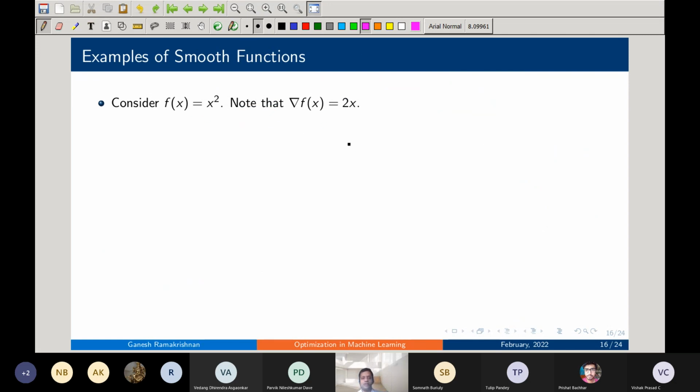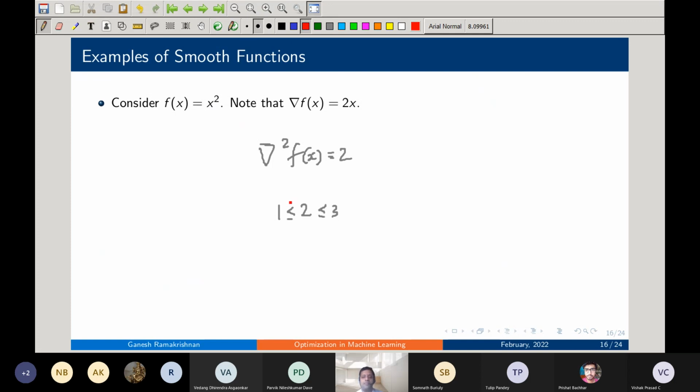f(x) equals x square. So the gradient is 2x, and the Hessian is 2. Then you can easily say 1 is less than or equal to 2, which is less than or equal to 3.